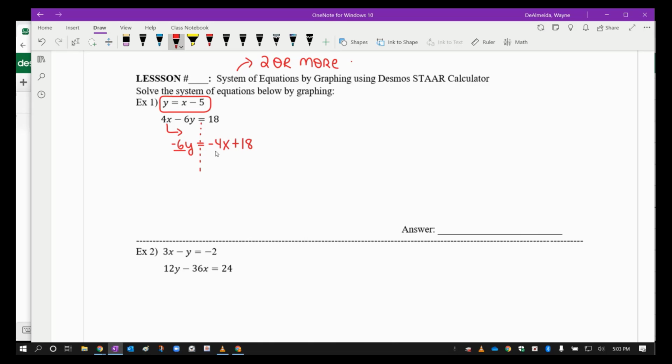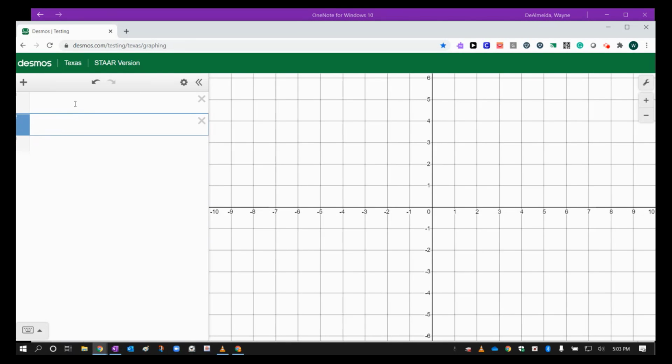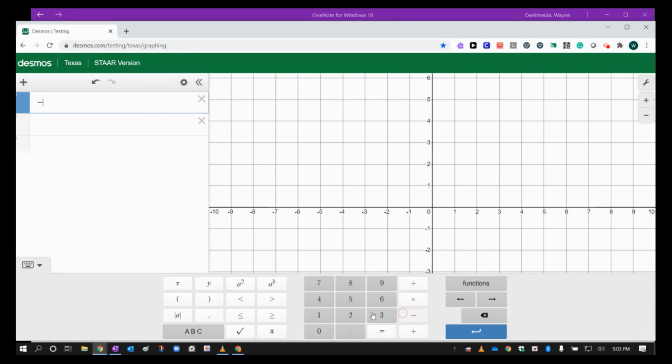Now we're going to divide both sides by negative 6. On this side, the y gets to be alone because the negative cancels with the negative, the 6 cancels with the 6, and the y is alone. Now we're going to divide negative 4 by negative 6, so let's use the calculator. Let's click on the keyboard, and we do negative 4 divided by negative 6.